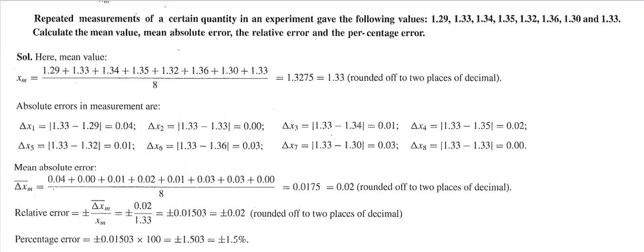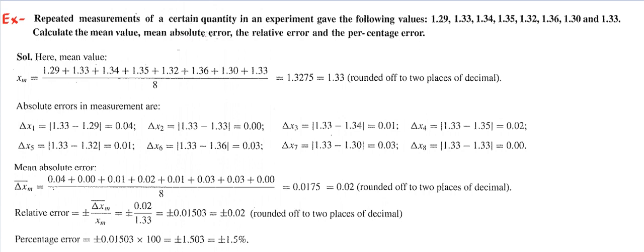Okay, before proceeding further, it will be better if we take this example. This is a solved example, and let's try to use the concepts that we have learned so far in this video lecture. It is basically a question related to the mean value, mean absolute error, relative error, and percentage error.